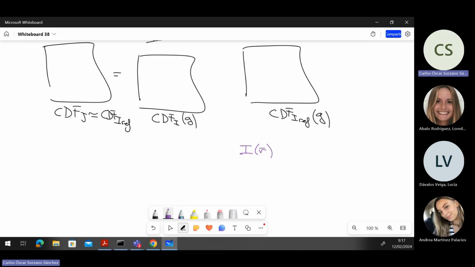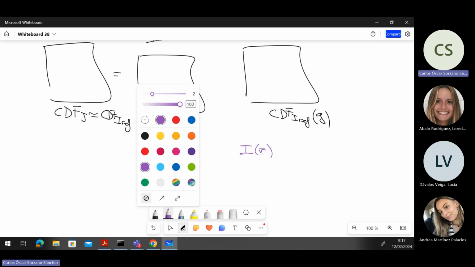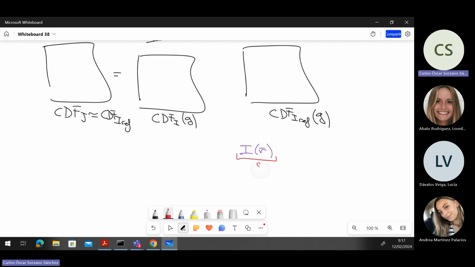This is your 5. Now I compute the CDF of this one, and this one is 0.65.